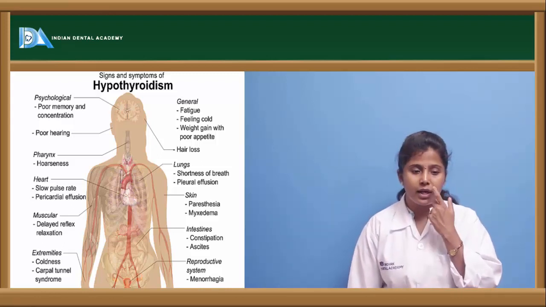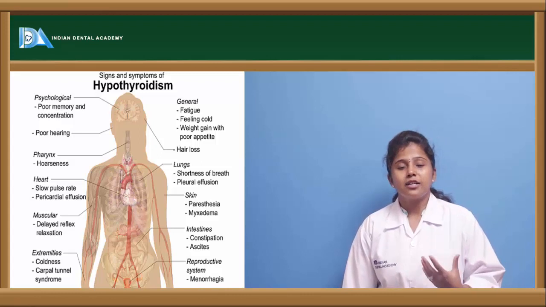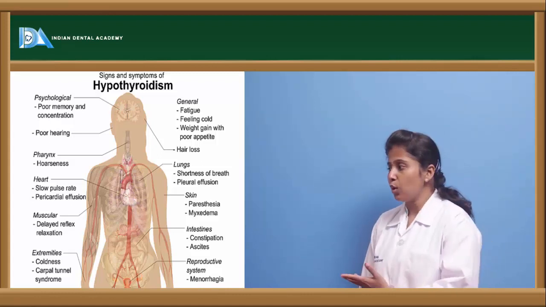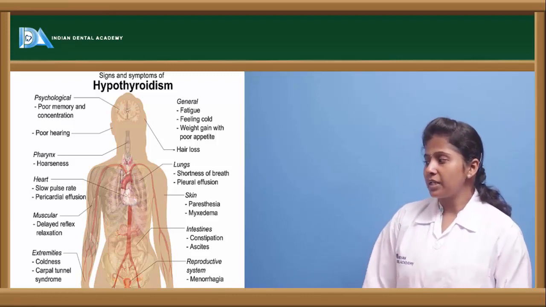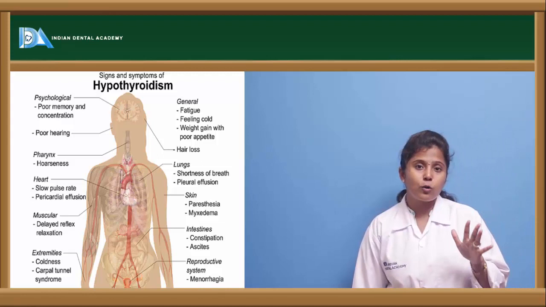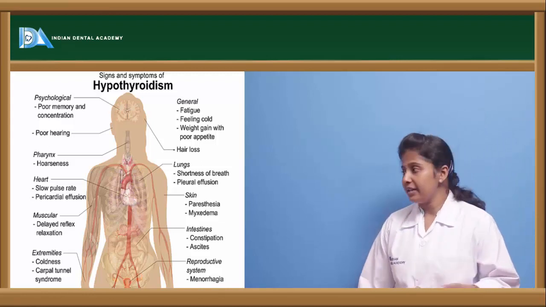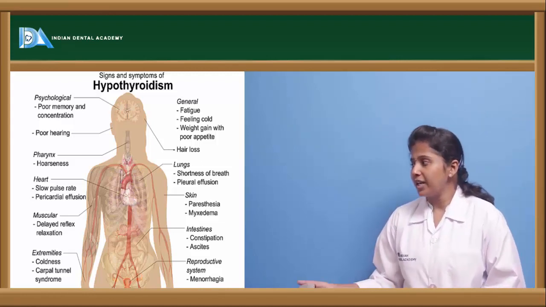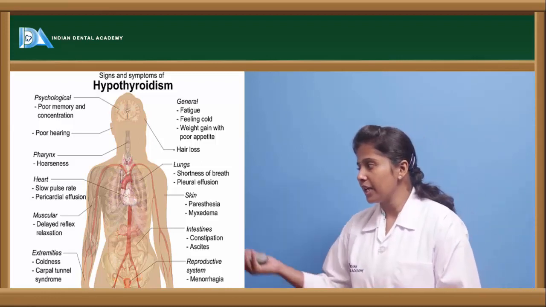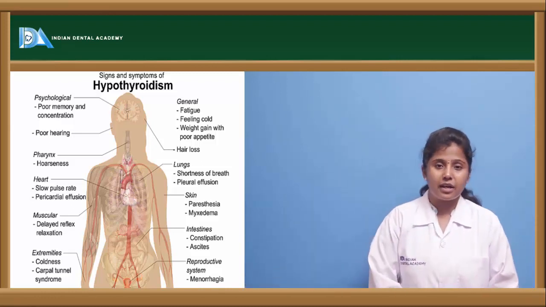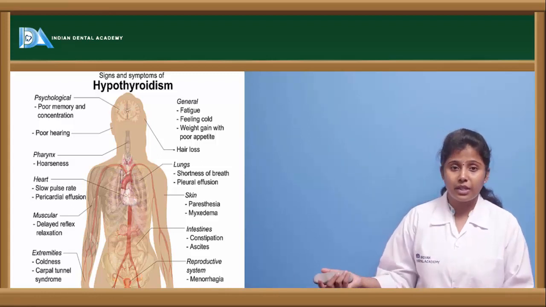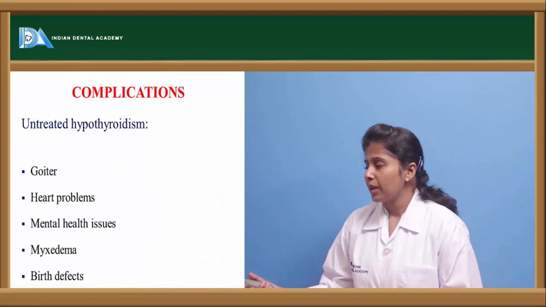The pumping capacity of the heart will be lowered, and it leads to coldness in the extremities. It causes numbness and coldness in the hands and feet, and it causes fatigue, shortness of breath and difficulty in breathing, and various other signs and symptoms are observed in the hypothyroidism condition.